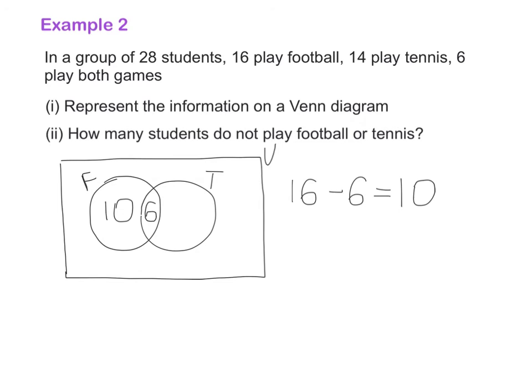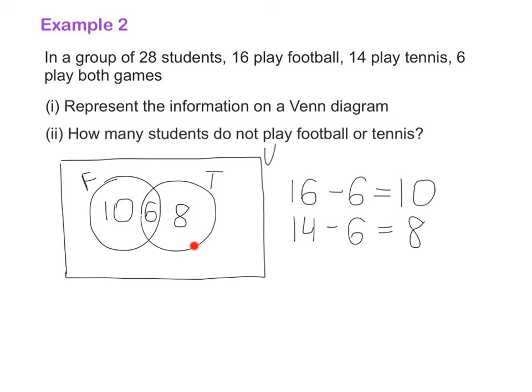And now look at tennis. We know that 14 students like and play tennis. So the same, look at this circle now. All together is 14. So 6 is over there. 14 minus 6 equals 8. And 8 goes just straight in here. And as you can see, we have 6 plus 8 is 14.